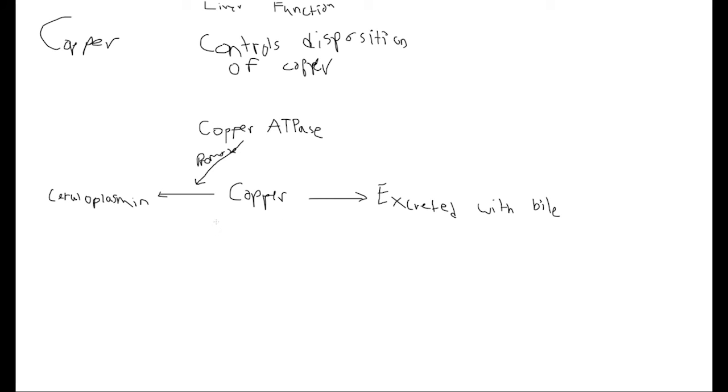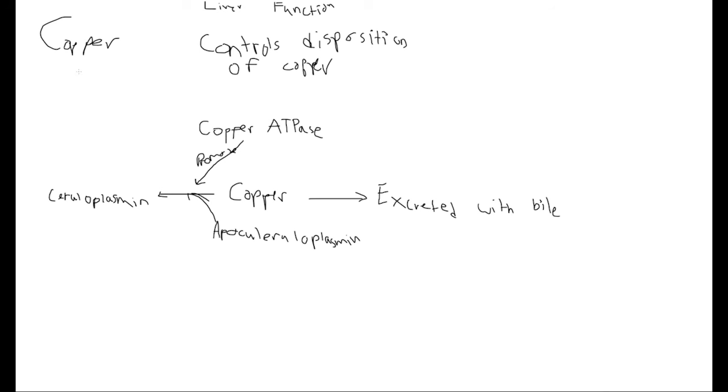And the way copper is converted into ceruloplasmin is it reacts with something called apoceruloplasmin. This apoceruloplasmin is going to react with the copper and form ceruloplasmin with copper, and that process is promoted by copper ATPase.